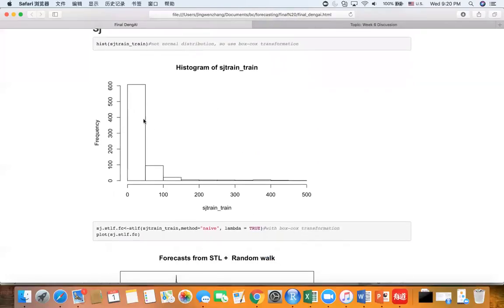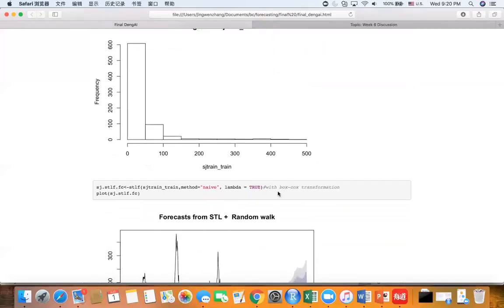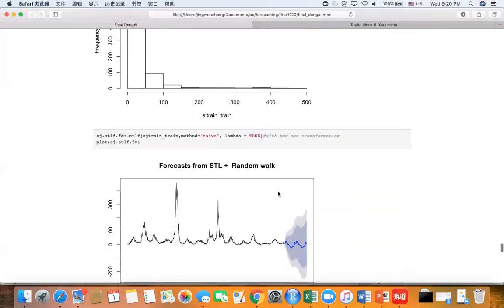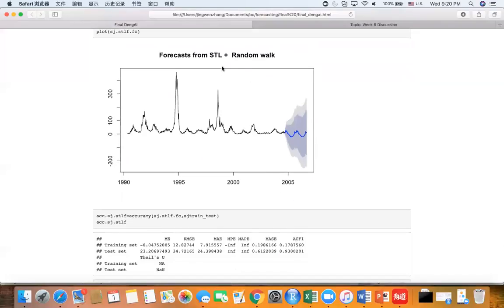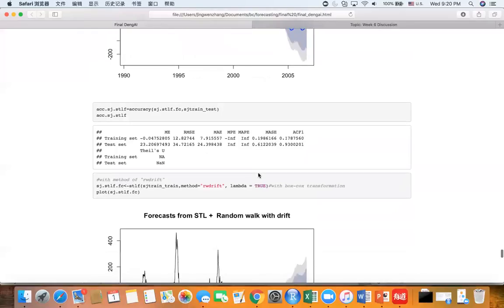So I'm going to do the histogram first, and then see, seems like we need the Box-Cox transformation because it's not normal distribution. And then the first one I use is naive for STLF, forecasting from STL plus random walk. It looks good to me, the forecasting model.